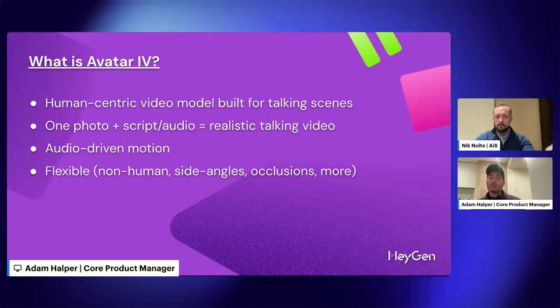And unlike most other video generation models, Avatar 4 is audio-driven motion. And what this means is your avatar's movements and expressions are driven by the voice. So if the voice sounds surprised, your avatar is going to animate and look surprised when it says that line.